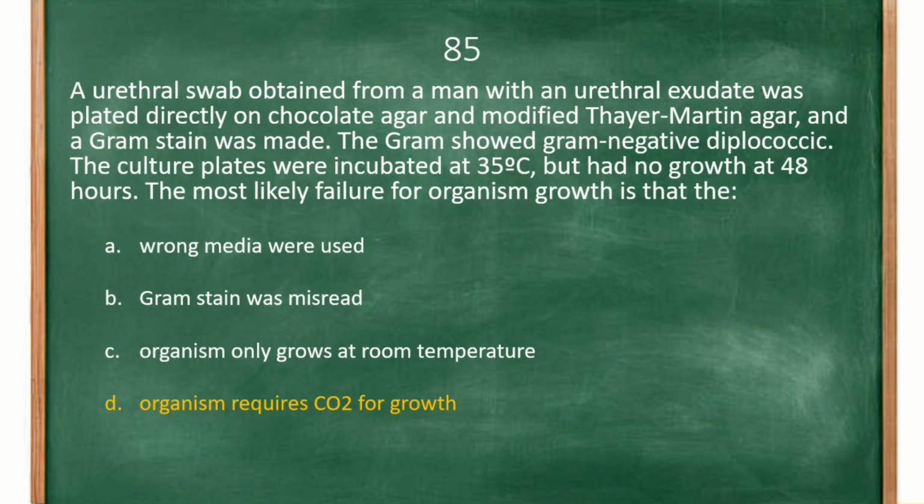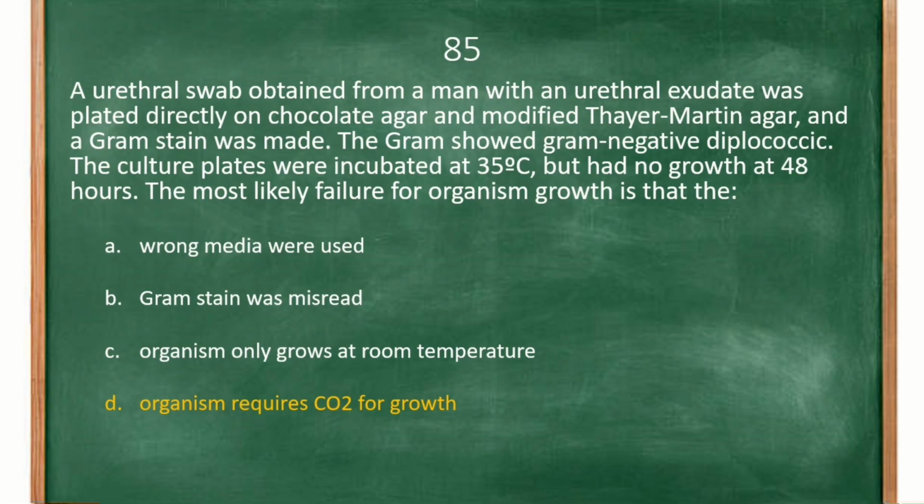The presence of gram-negative diplococci is consistent with Neisseria gonorrhoeae, so saying the gram stain was misread is very unlikely. Then option C says the organism only grows at room temperature. That answer too is not viable, because Neisseria gonorrhoeae grows optimally at 35 to 37 degrees Celsius and not at room temperature.